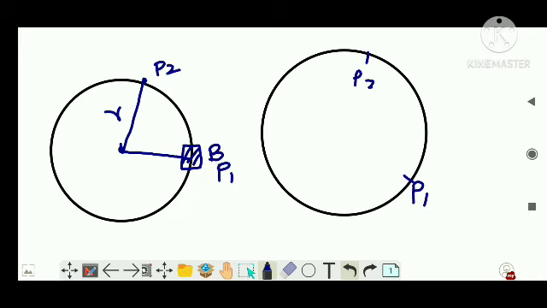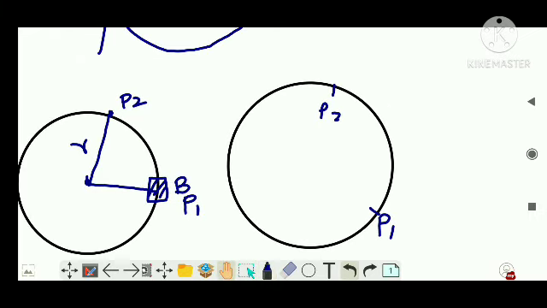At P1, I will draw a tangent. Velocity at a point is along the tangent at that point. So this is a velocity, let's say V1. Similarly, there is a point P2. If I want to find the velocity here, I have to draw a tangent in the same direction as that of the path. So the velocity will be V2 in this direction.